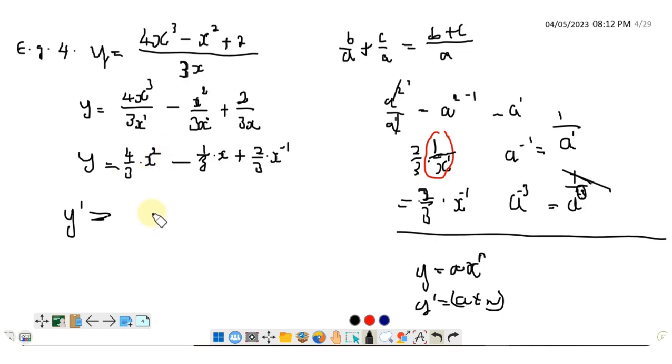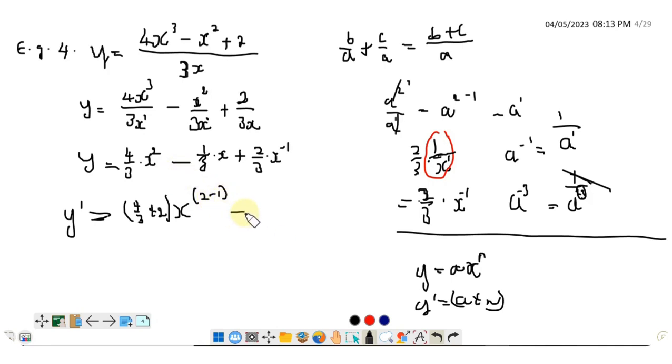Let me just write it down. 4 over 3 times 2, then x, and then at the top it says n minus 1, so it's going to be minus 1. There we go.